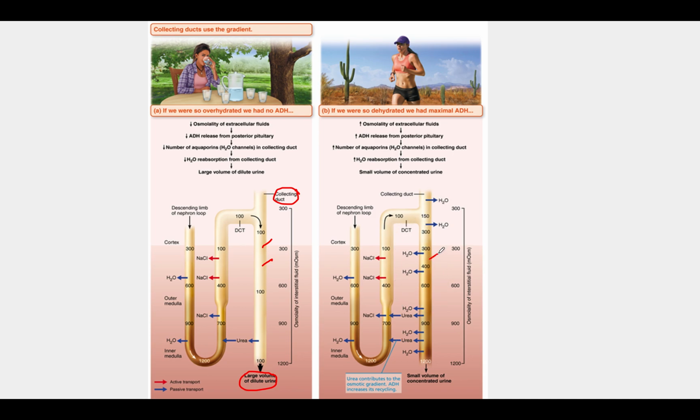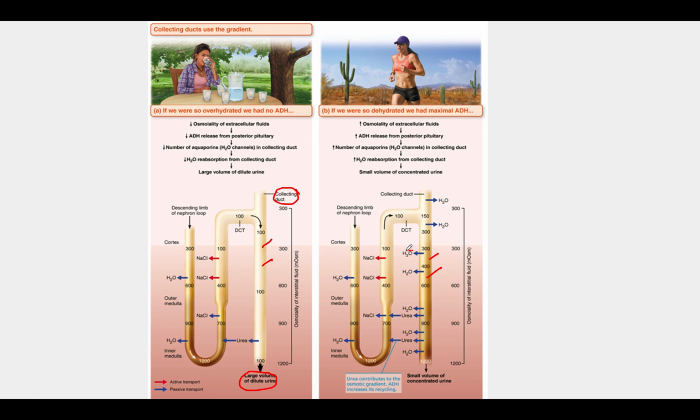So they have these transporters, and in these transporters there are aquaporins. So ADH binds to these aquaporins that are inside the transporters, and when they bind, it allows water to pass through and get reabsorbed.